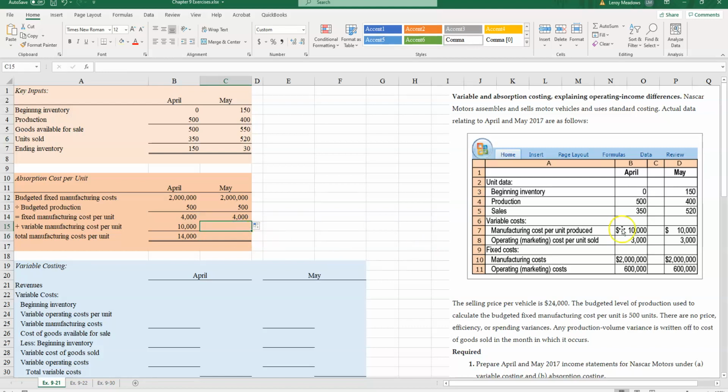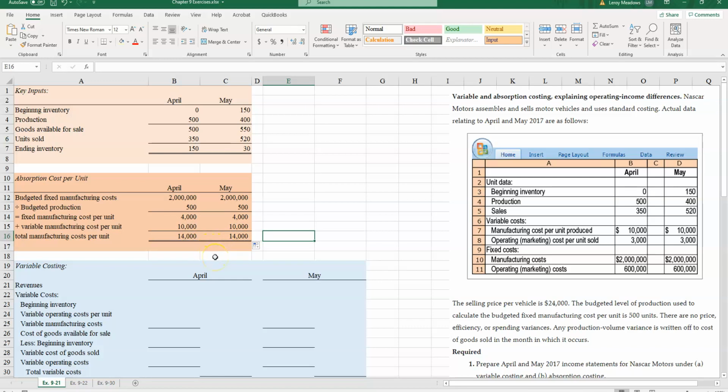And do my variable manufacturing costs per unit change between April and May? No, they don't. So I'm going to use the same 10,000. And so my total manufacturing cost per unit under absorption costing is going to be exactly the same under both months.